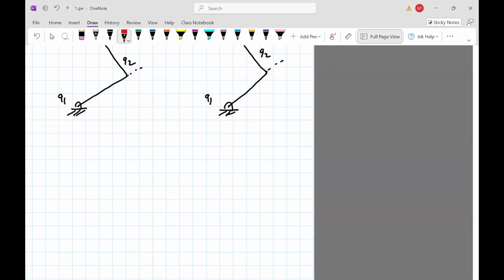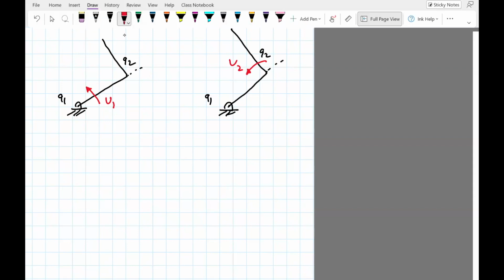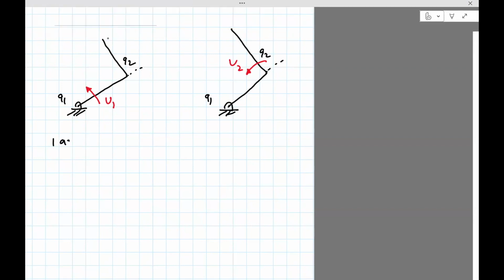Okay, so what's different is the following. In one case, I have a single actuator, and that applies a torque U1 at the shoulder joint as shown. The second one, again, there's a single actuator which applies a single torque at U2. So one actuator at Q1, one actuator at Q2.